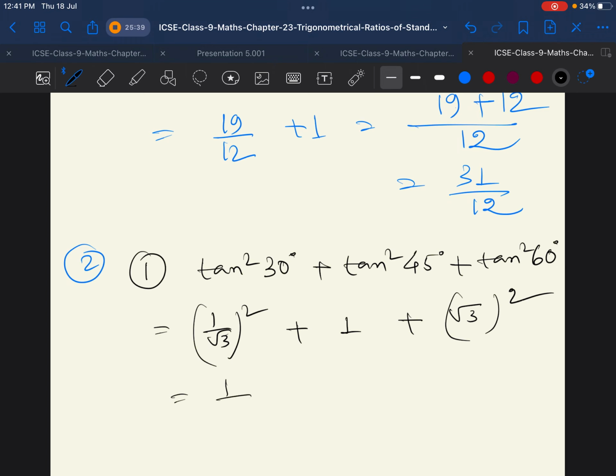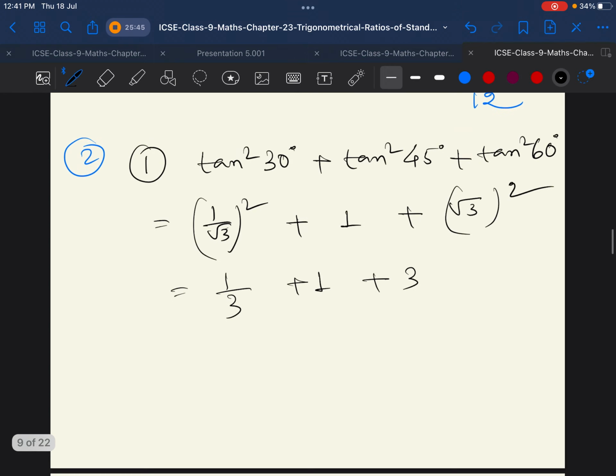So this is 1 by 3, plus 1 plus root 3 square is 3. So we can write 3 plus 1 is 4, and here LCM is 3, 3 by 3 is 1, 3 upon 3, 1 into 1 is 1 plus 4 threes is 12.